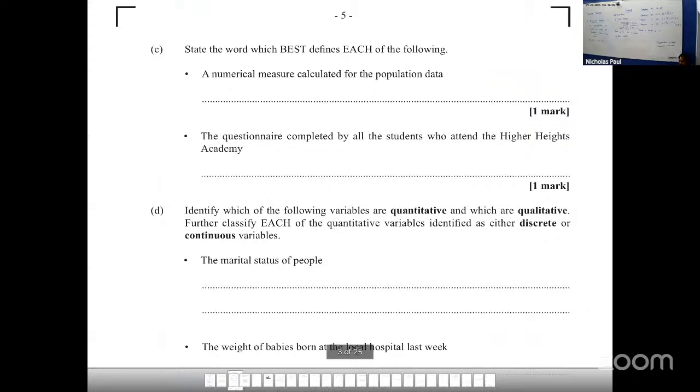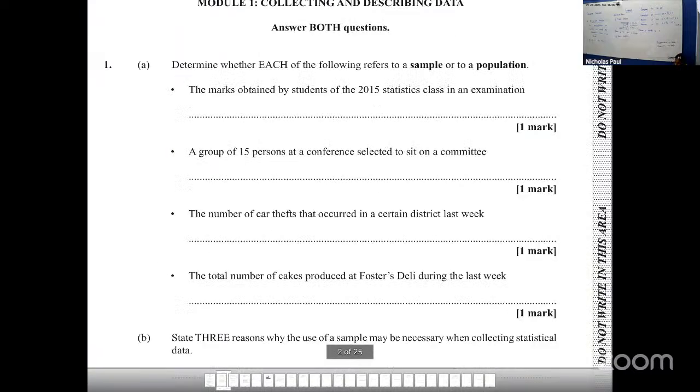But tell them, yeah, so what's the word? You've got to figure out the word that best describes it.